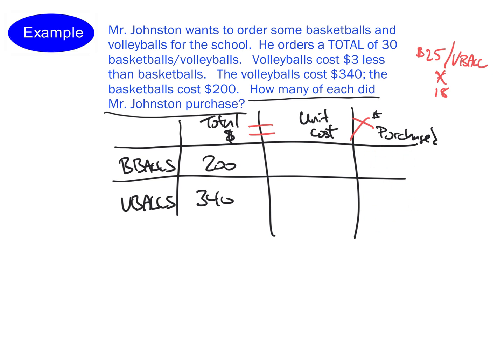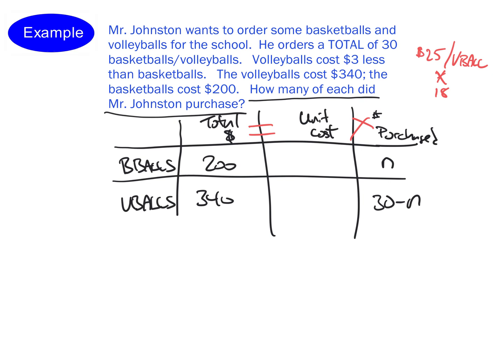And he orders a total of 30 of them. So I'm going to use N for the number of basketballs. Can you give me an algebraic expression for the number of volleyballs? 30 minus N, because however many basketballs he purchased, that leaves 30 minus N volleyballs.